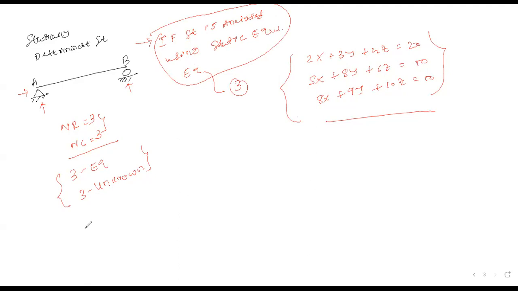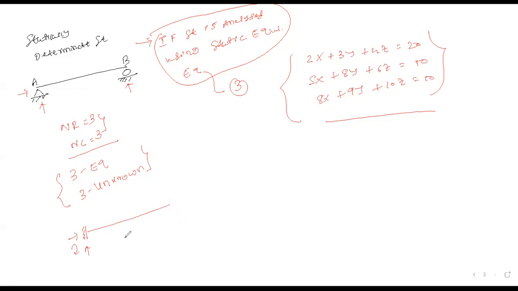Okay, let us take another example. Suppose I am considering the cantilever beam. Can I mention any reaction here, where I have circled? No, because it is a free end, no support, no reaction.